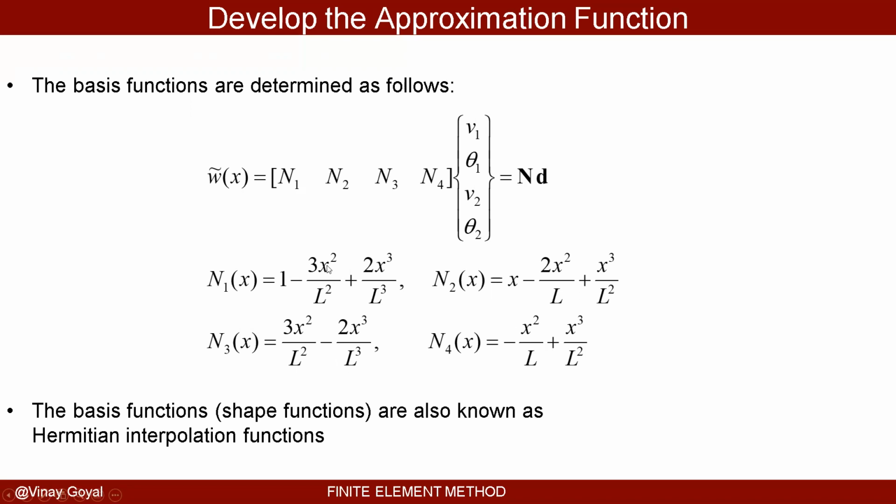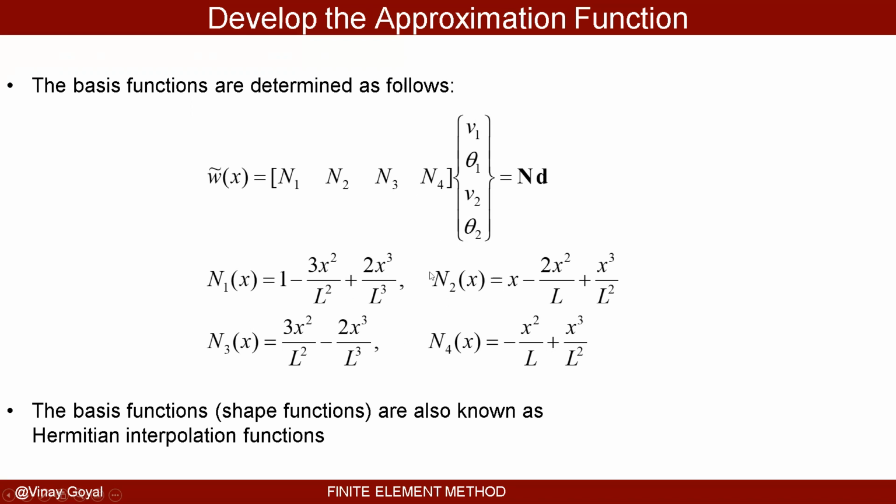You can see here that at x equals L, I do get a value of 0, and at x equals 0, I should get 1, which is exactly what you get. And that is exciting, that we were able to do that. I invite you to check the rest. Bottom line, these shape functions go into this row, and the column vector is the column vector of nodal values that are unknown in this case. So I'm going to call this N bold, and I'm going to call this D bold.